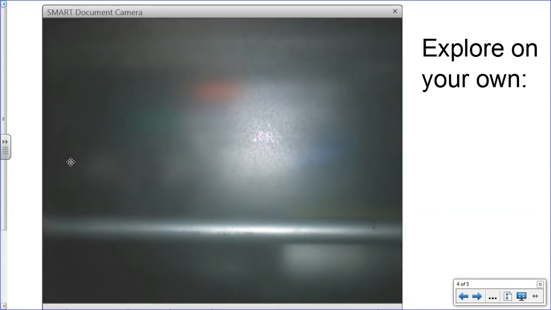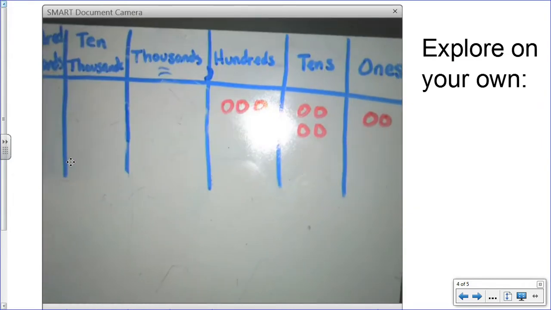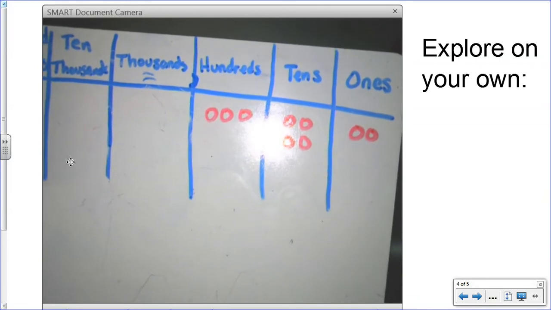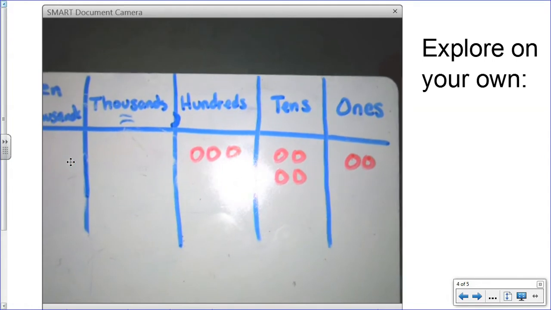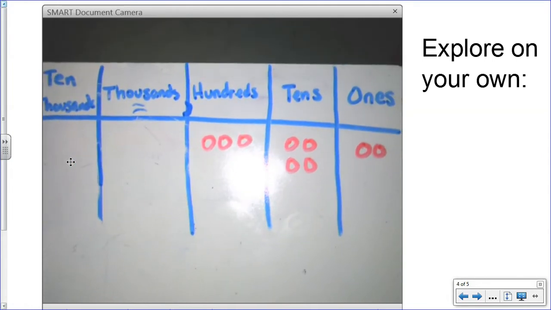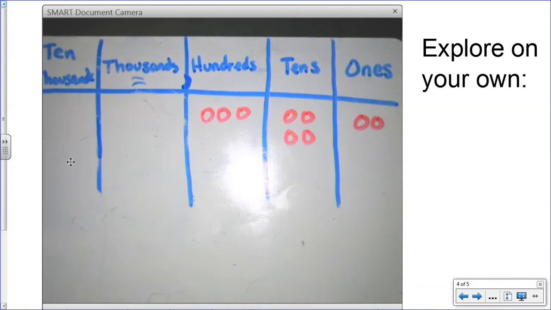Now I want to go back to the number that we looked at the other day when we first started working with multiplication. And this number is 342. And this is the exact same number, the exact same board that we worked with the other day. And I'm going to try to put the glare in the same spot. So I have 342. I want to show in my model what happens when I multiply this number times 3.